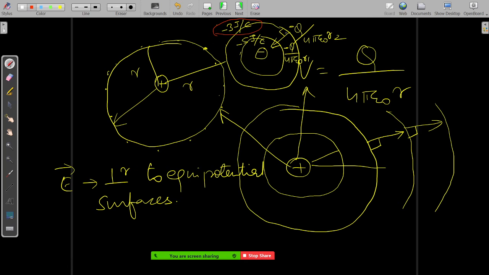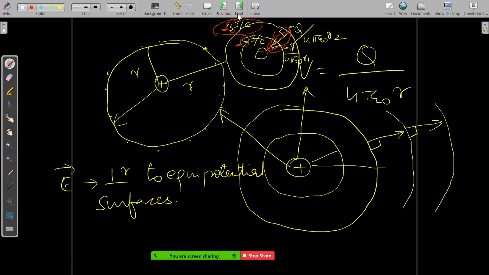So you can just see that the direction of the electric field is in the opposite direction, right? So this electric field is again in the direction of decreasing potential only. See, this absolute value is more, but it is a negative quantity, so it's not like a vector quantity. No, negative means negative. So you can see again that the electric field direction is in the direction of decreasing potential.